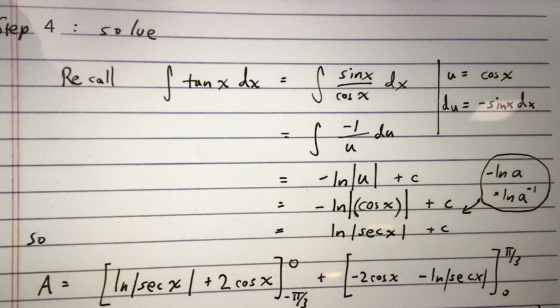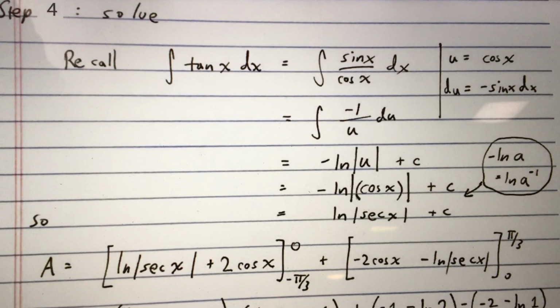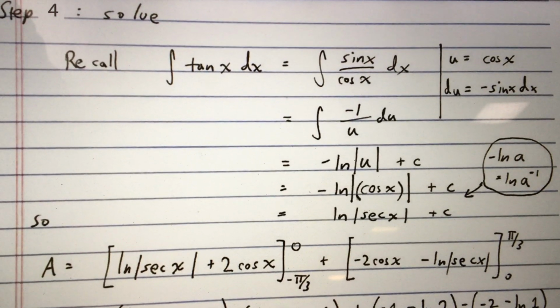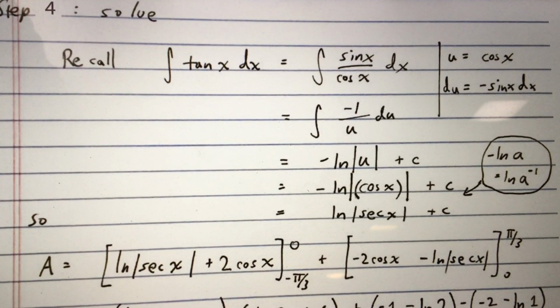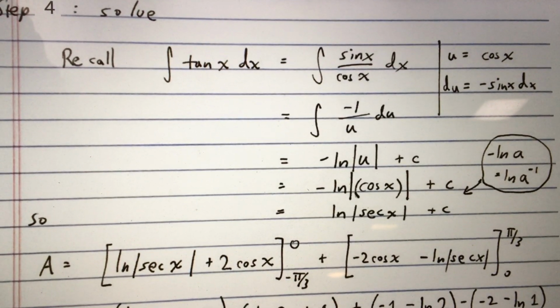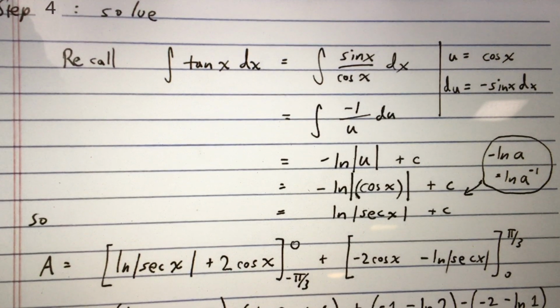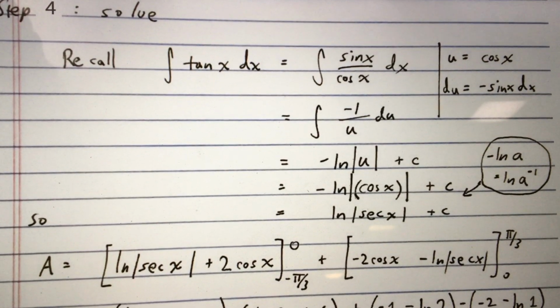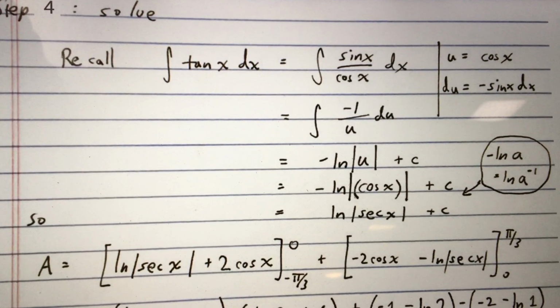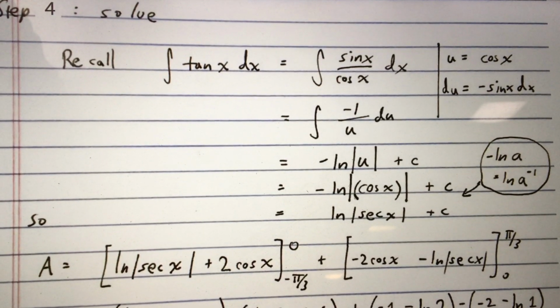and then if you look it up in the back of the book, sometimes they do see a natural log of the secant, and that's because of the rule of logarithms, where you can take a multiplier that's out front of the natural log or any logarithm and turn it into an exponent on the inside, and that negative 1 goes on cosine, and 1 divided by cosine is equal to secant.